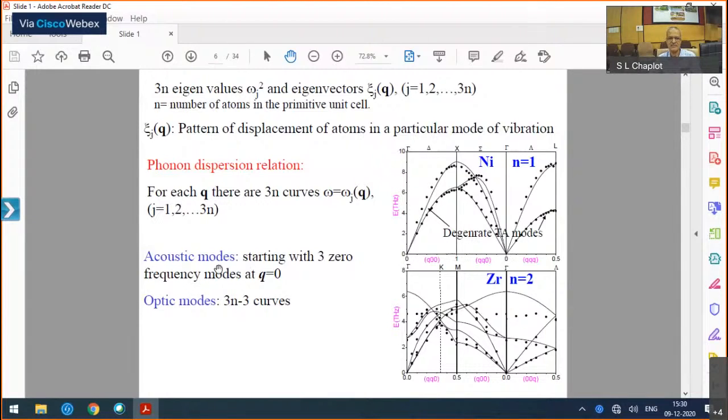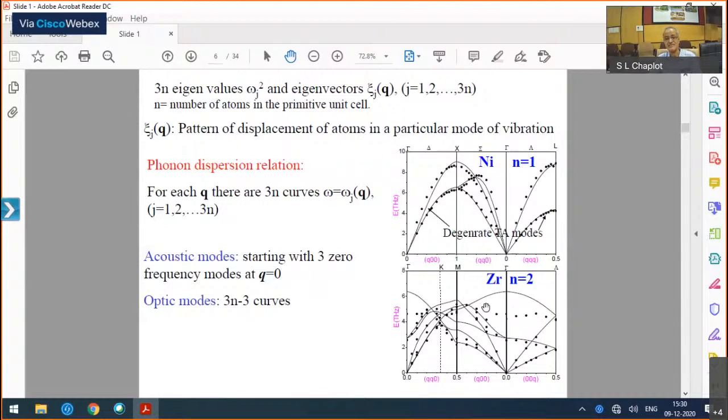That is how they become the 3 zero-frequency modes corresponding to vibrations along, say, the x, y, and z directions, and these are the acoustic modes. If you have a large number of modes, then all the remaining modes, 3n minus 3, are called the optic modes.